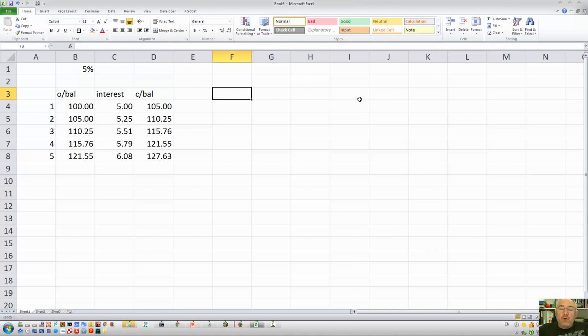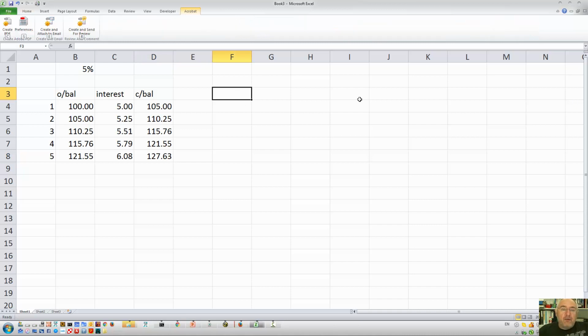So let's still make it 5 years, but instead of having interest paid once a year, we're going to have interest paid twice a year. So I'm going to have year 1, year 2, year 3, year 4, year 5.